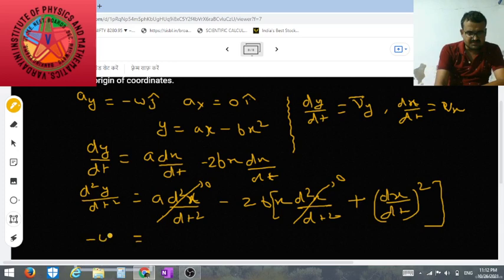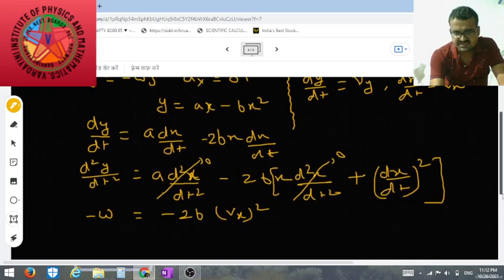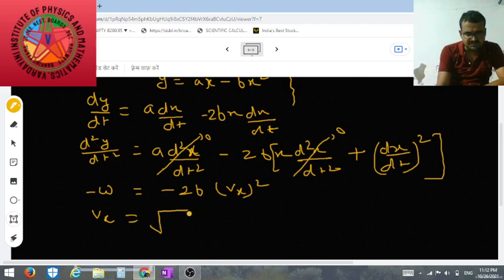We have minus w is equal to minus 2b into dx upon dt whole squared. You know dx upon dt is the velocity in x direction, so I can write this as velocity in x direction squared. So from here we can very easily determine the velocity component in x direction, which is equal to under the root of w divided by 2b.